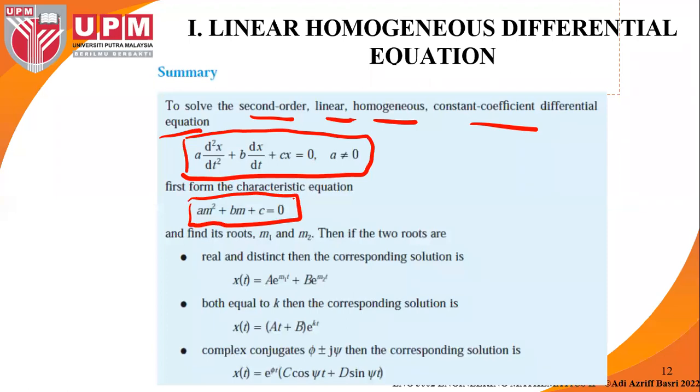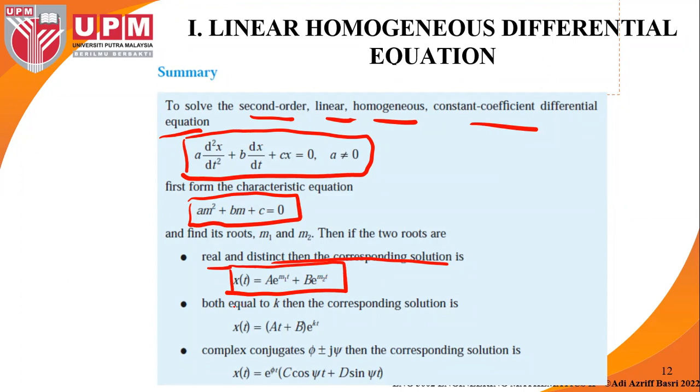To find the roots m1 and m2, if the two roots are real and different, the corresponding solution uses this method: x(t) equal to A exponent m1 t plus B exponent m2 t, where the first root is m1.